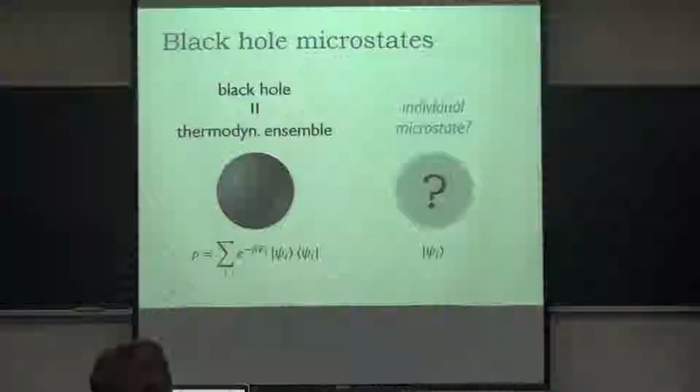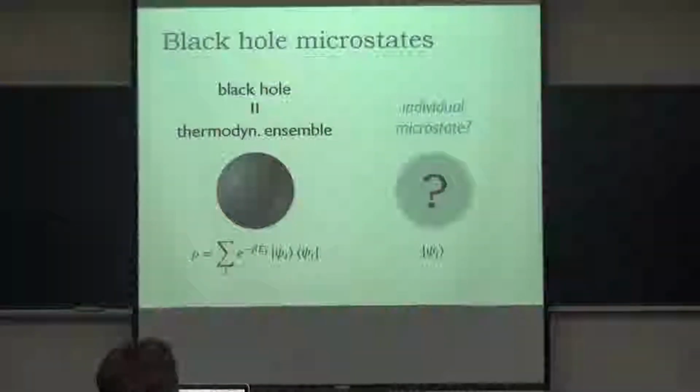If this is a canonical ensemble, you have some density matrix with finite entropy, and this black hole is believed to represent such a density matrix. But of course, if you have an ensemble, it is made of individual microstates, and you wonder what the individual microstate is represented by. So that's the question, and this is what I mean by the microstate.